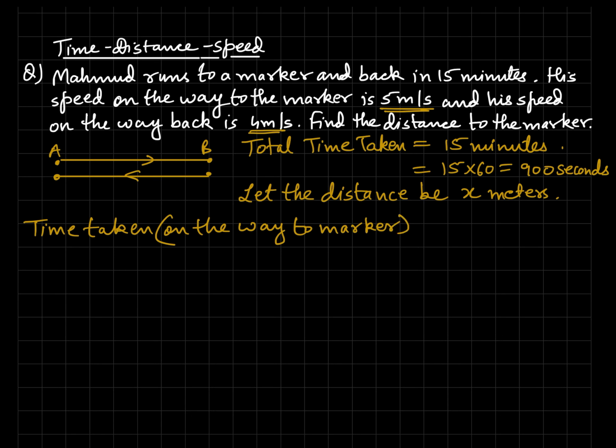Time is distance over speed. Let us take this on the way to the marker as t1. So t1 is equal to distance x over speed, which on the way to the marker is 5. So this many seconds is the time.